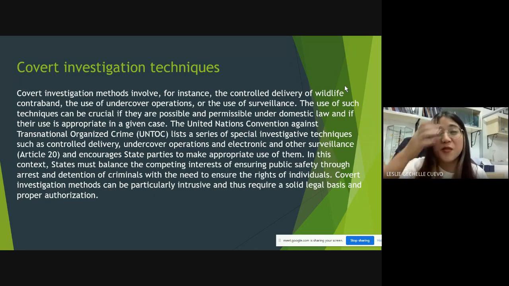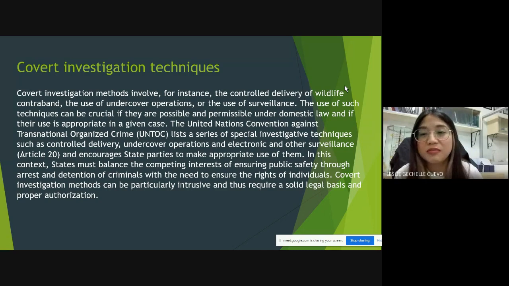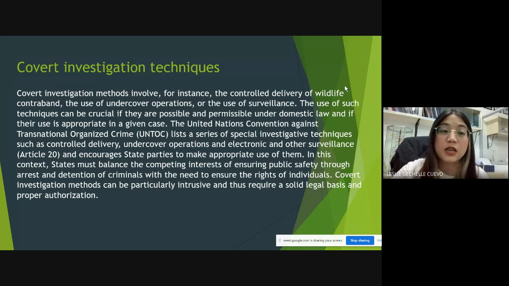For example, search and seizure, 'di ba? Meron tayong karapatan na magmay-ari ng isang property. So hindi pwedeng basta-basta na lang kunin sa atin yung property. Kunin man 'yan ng authorities, kailangan meron kang search warrant, 'di ba? Kailangan, sabi nga dito, meron kang solid legal basis and proper authorization in order for you to conduct covert investigation techniques.